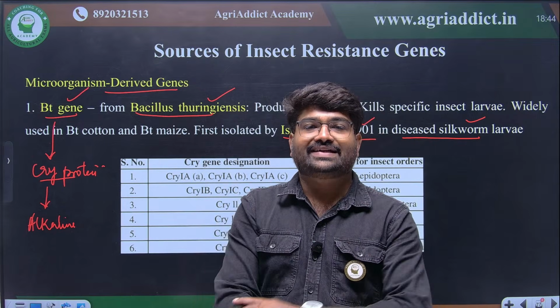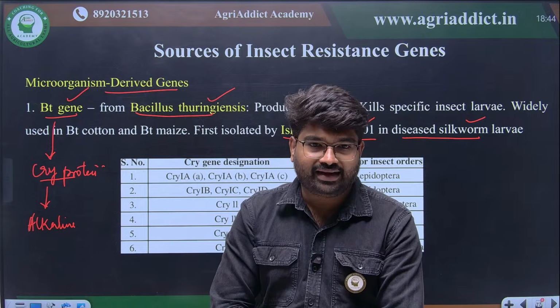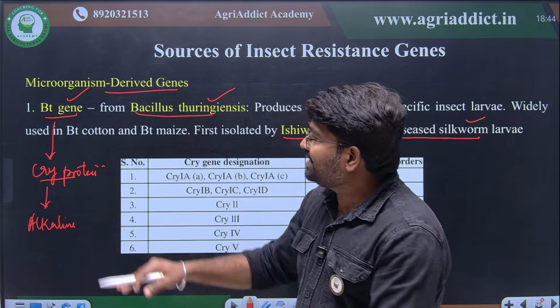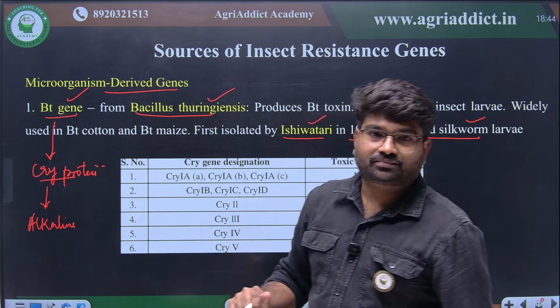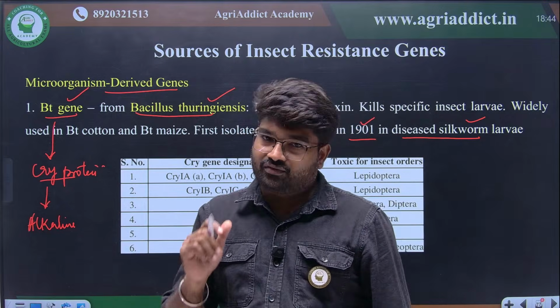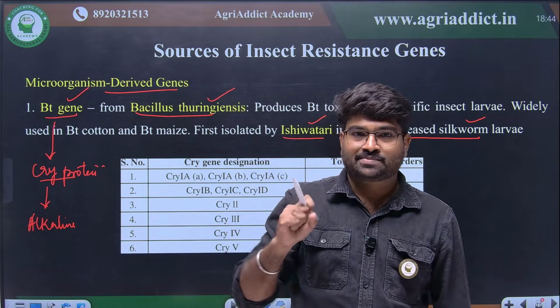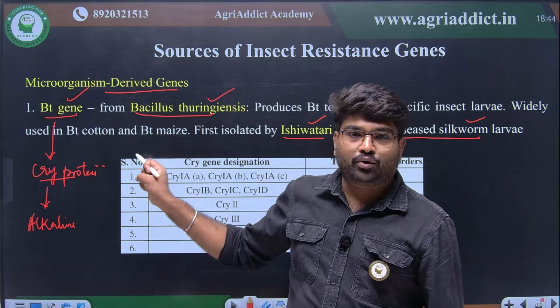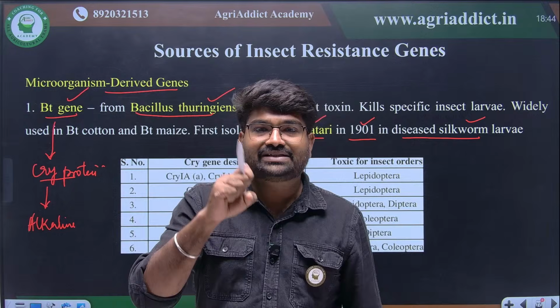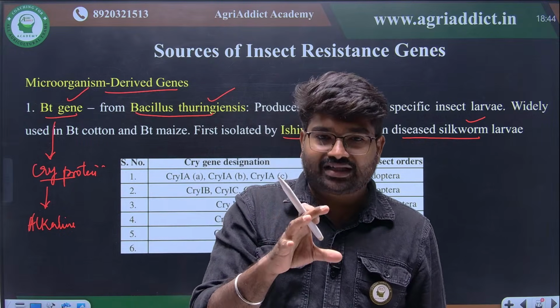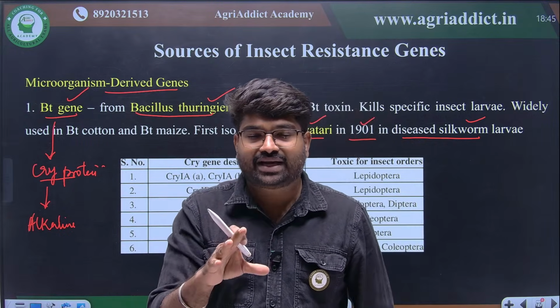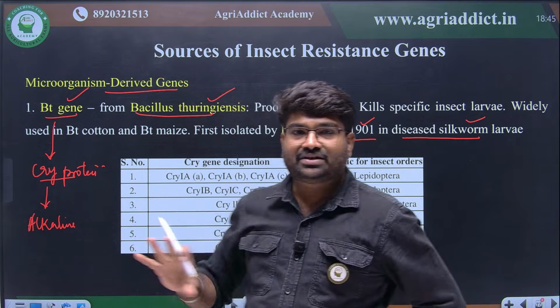Because of that, lysis will happen and the larva will die. So we can express this Bt gene in cotton. We know Bt cottons are there. If the insect feeds on that, the Bt gene will produce Cry proteins. These Cry proteins will make pores in the membrane. Because of that, lysis will happen and the larva will die. So this is a simple idea.